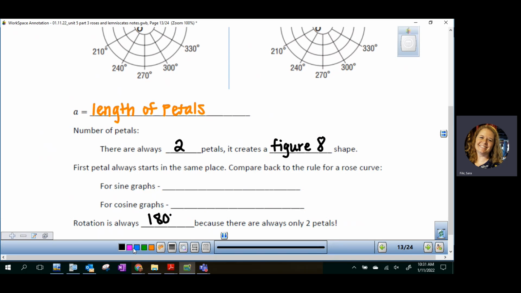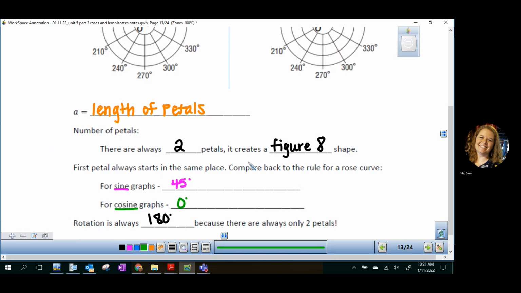Now, if it is a sine function, it is always drawn at a 45-degree angle. Because remember, didn't we always say 90 divided by n? If the n is always 2, then it's always going to be at 45 degrees, right? And cosine will always be drawn at 0 degrees.